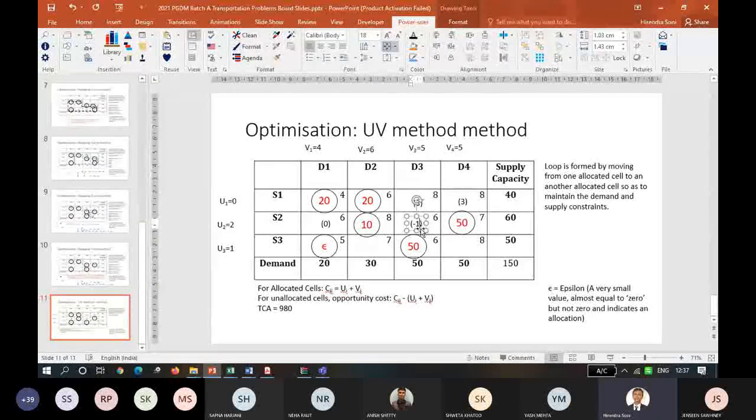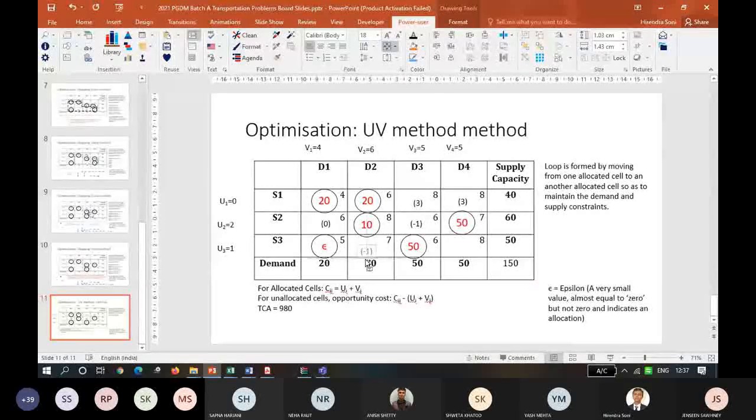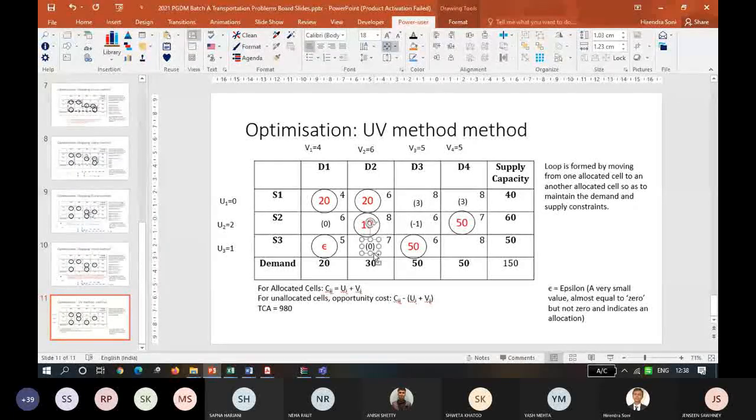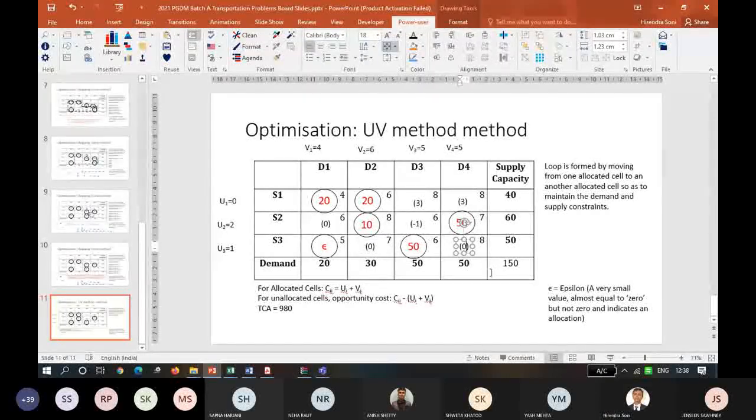What about this next cell? 7 minus 1 plus 6. 7 minus 7 is 0. What about this one? 8 minus 1 plus 5 is 6. So 8 minus 6 is 2.